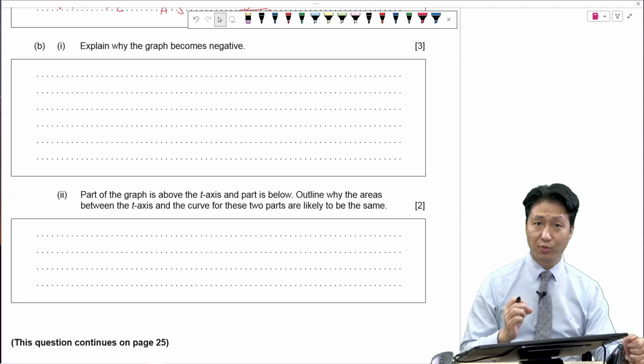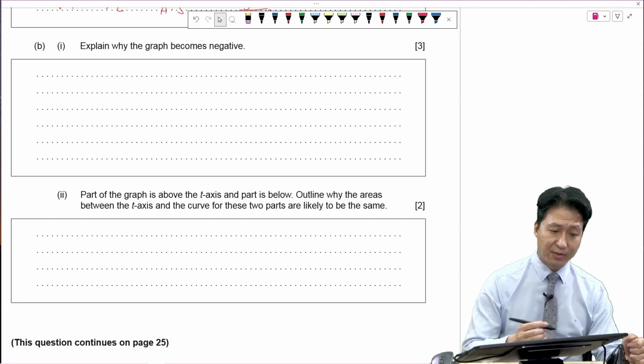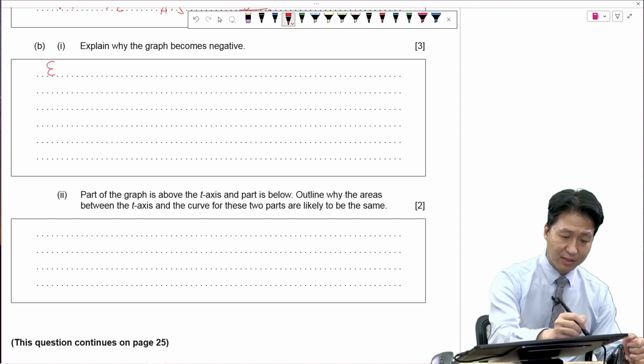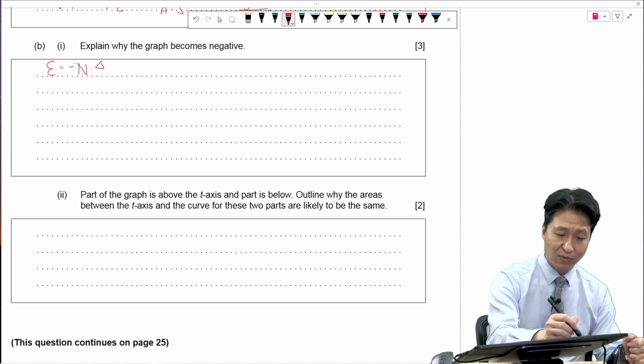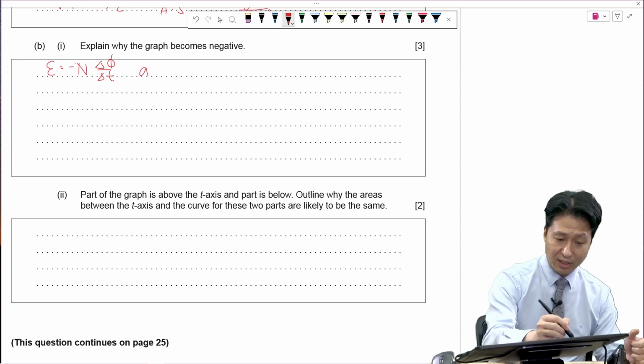In part B, number 1, says explain why the graph becomes negative. First, the EMF is equal to negative N times the rate of change of flux. So as the bar gets closer, flux increases.